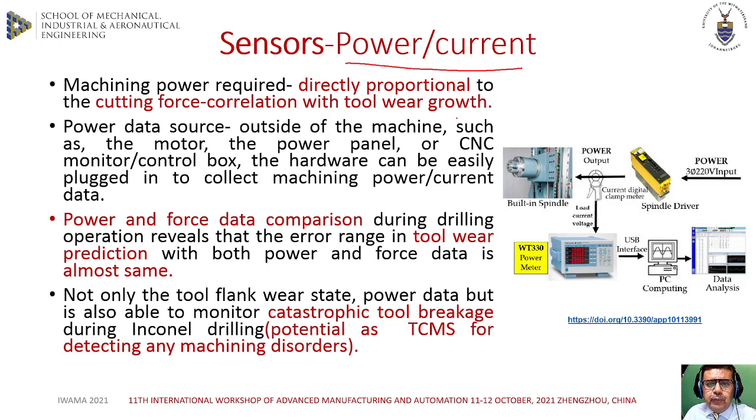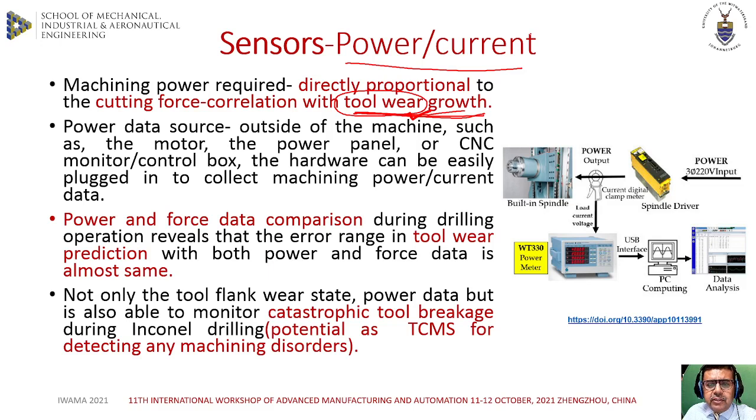Okay, now the next part is power or current. As the tool wears, the load on the cutting tool will increase, which is virtually taken up by the motor. So the motor will draw more current, and that current or the power drawn by the motor can be directly correlated with the tool wear.